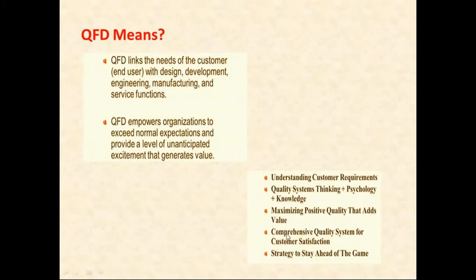Then you will build a comprehensive quality system for customer satisfaction, and then you form a strategy to stay ahead of the game, because the fittest are the survivors. The fitter you are, the better you will survive in the market. So you have to stay ahead. It is not for 1 year or 2 years or 6 months that we are working on the strategy. It should be for years to come.